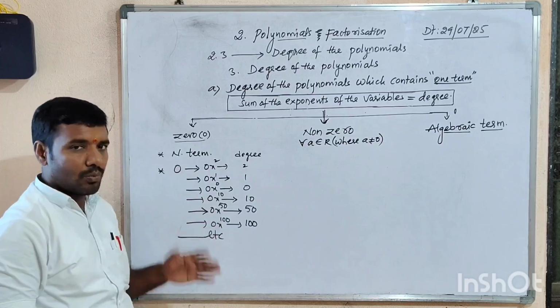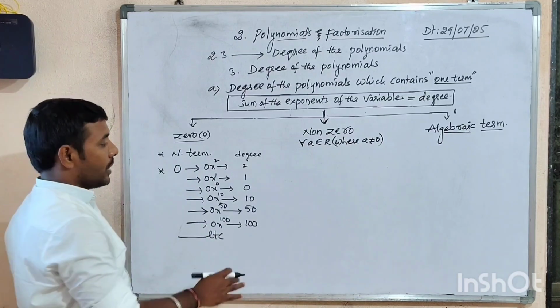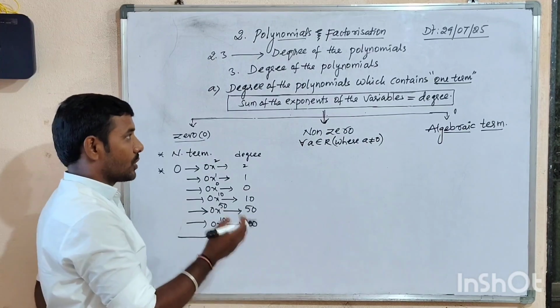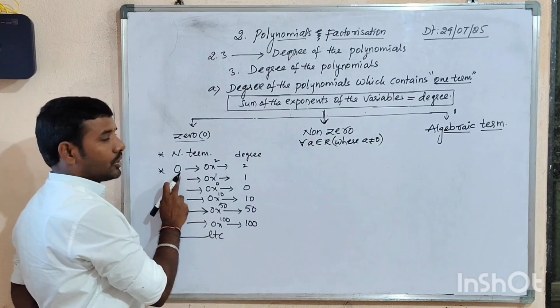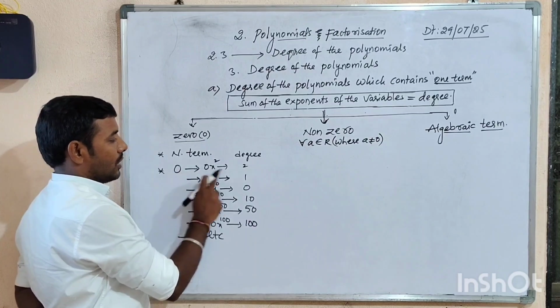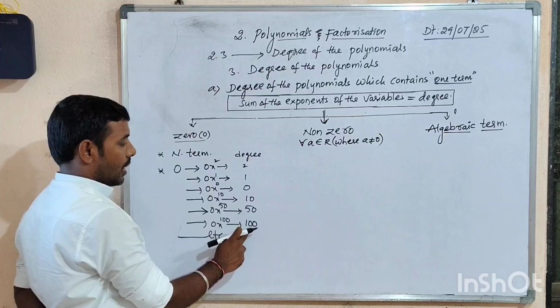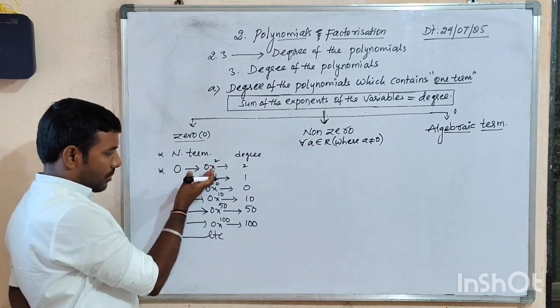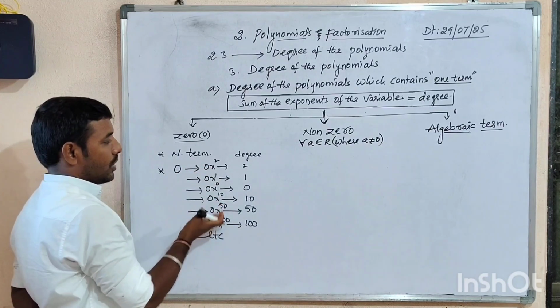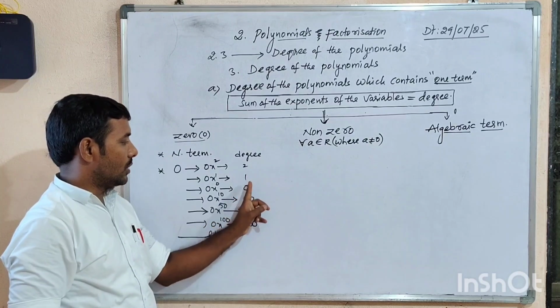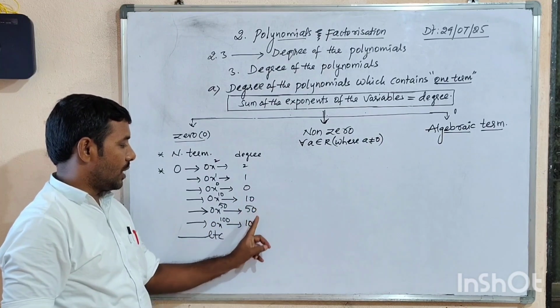We can express 0 in infinitely many ways, which is why I wrote infinity here. Based on that, there are infinitely many degrees. If the question is what is the degree of 0, we can answer 2, 1, 0, 10, 50, 100, because 0 can be expressed in such ways.